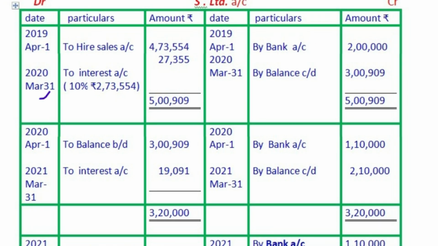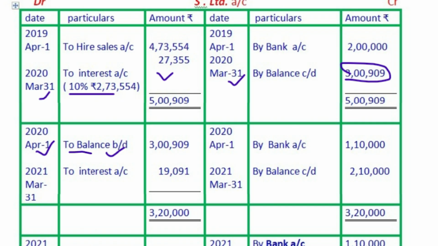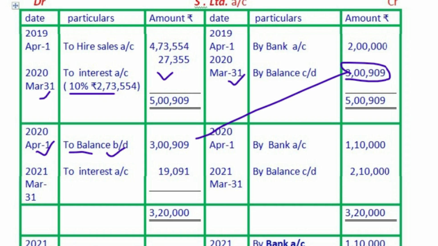This is the interest account, 10% rate of interest. And now balancing of the account. The debit side is greater than the credit side, and the balance is 3,909, and this balance becomes balance BD next year, after 31st March, on 1st April 2020, which is the opening balance.